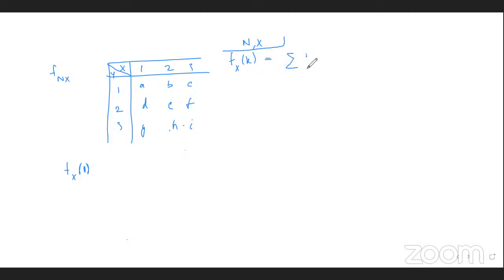This is the sum over f of n, x at n comma k. n takes values from 0 to infinity because n is a Poisson random variable: 0, 1, 2 up to infinity.